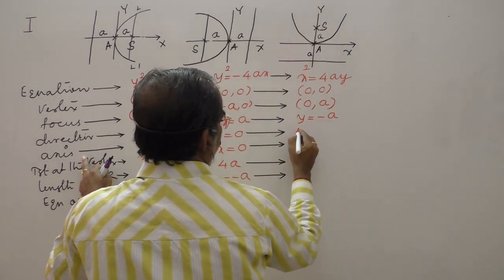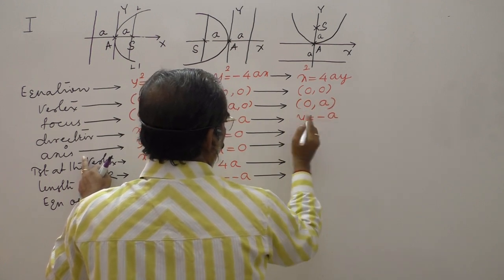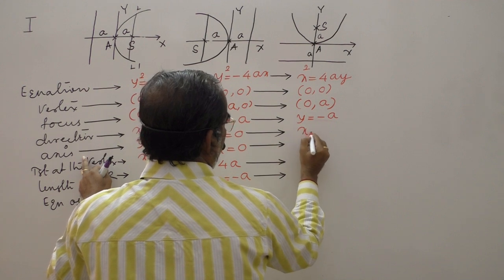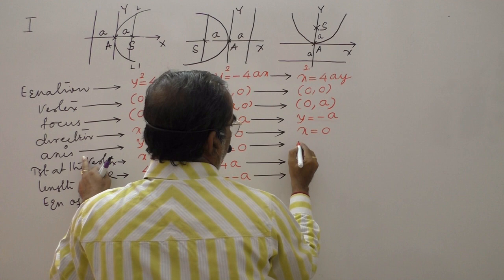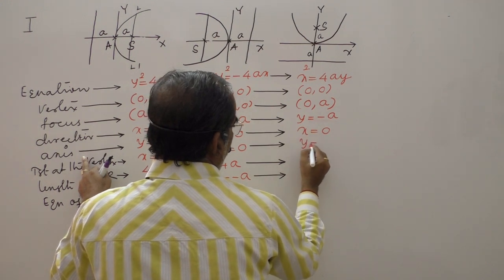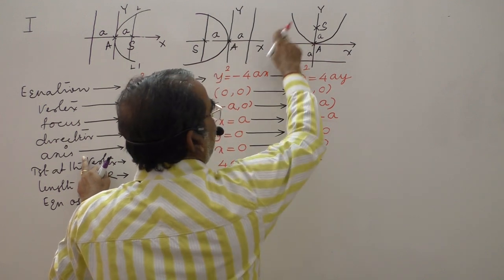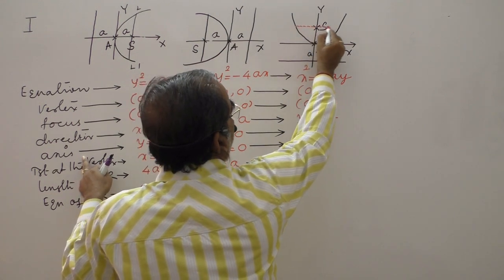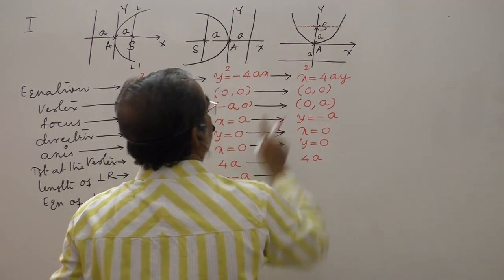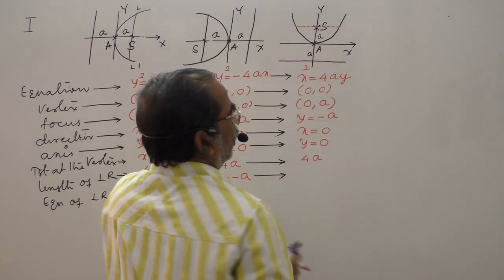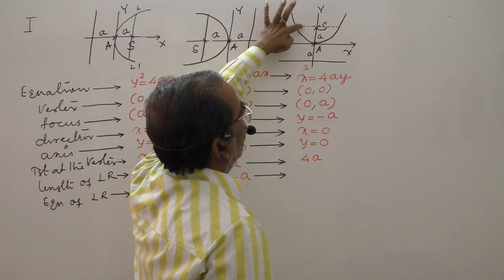Next, what is the axis now? The axis is the y-axis. Y-axis means its equation is x equal to 0. Tangent at the vertex: this is the vertex. What is the tangent at the vertex? The x-axis, y equal to 0. Length of the latus rectum: again, the latus rectum for all parabolas is the same, 4a. Equation of the latus rectum: I said the directrix and latus rectum are always parallel.